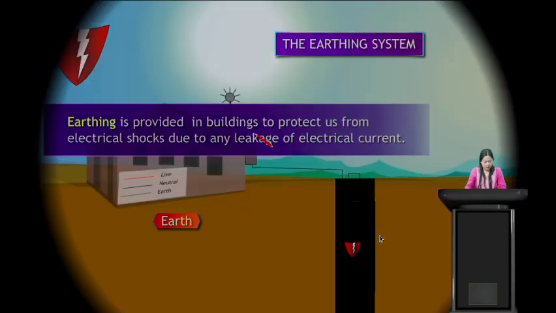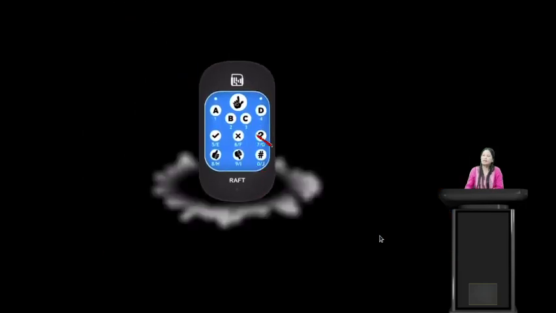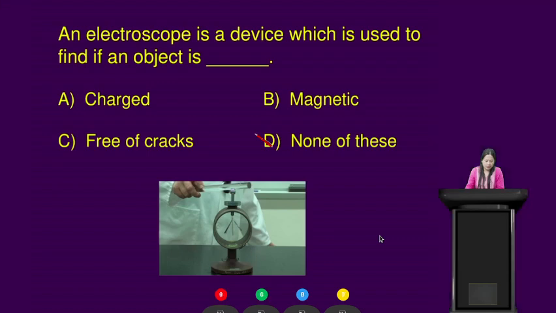Alright, students, we have the first question for today. Please get your rough devices ready. The question is, an electroscope is a device which is used to find if an object is dash. Option A charge, option B magnetic, option C free of cracks, and option D none of this. So we have four options.